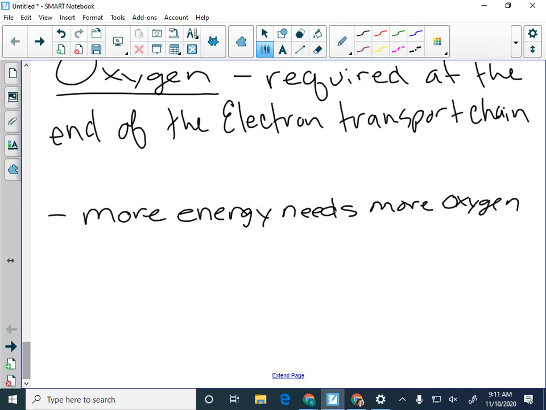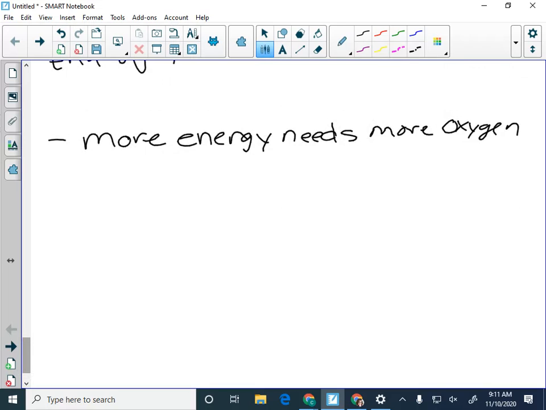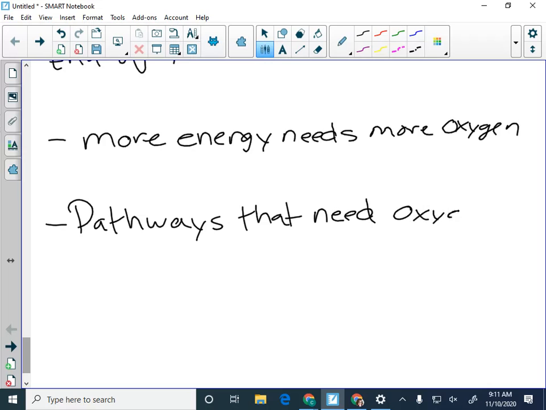So, we have a special name for pathways that need oxygen. Pathways that need oxygen are aerobic.